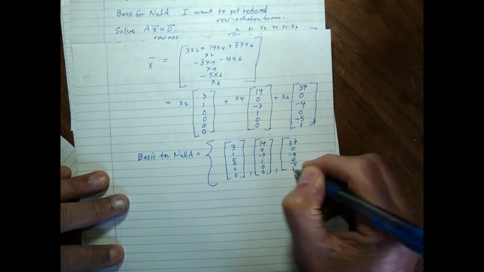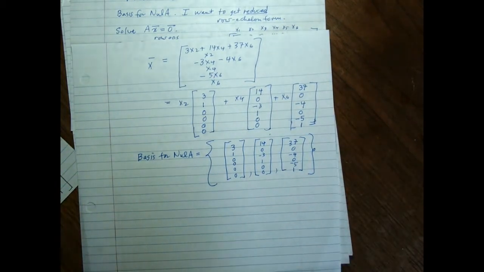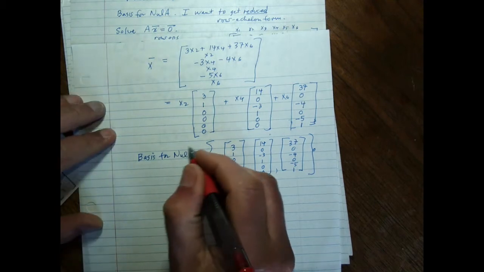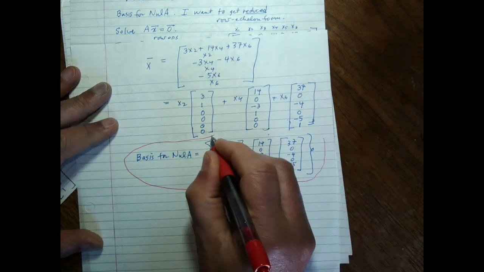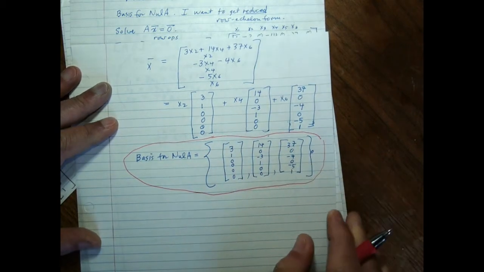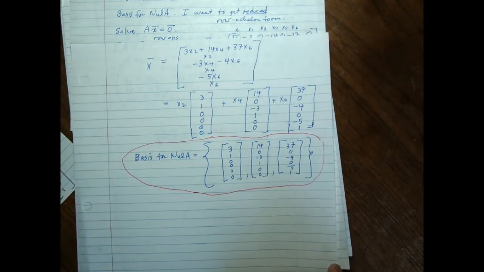So I have a 3-dimensional null space. Those have to be linearly independent. We know they span the null space. That's why they're a basis. And that's the end of that problem.